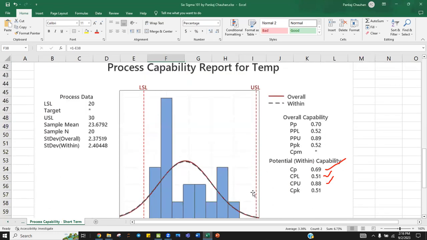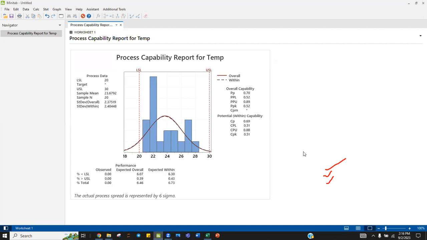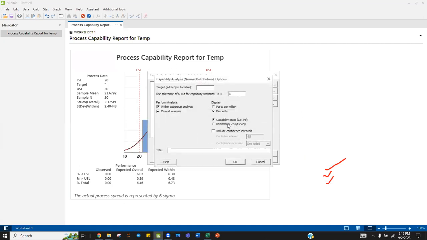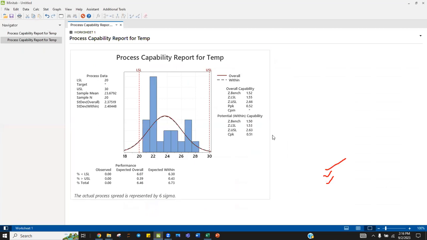If you want to see the same sigma level, 1.496, sorry, I can just edit this process. Instead of collecting CP and CPK in Options, I will set the benchmark level. Click on OK. And here is your short-term value.